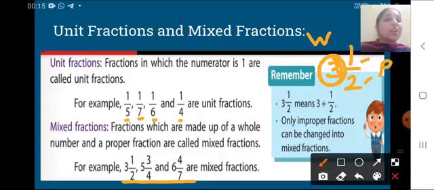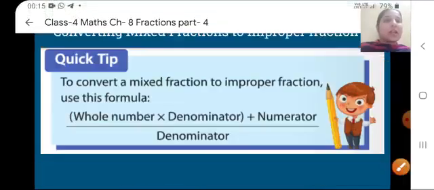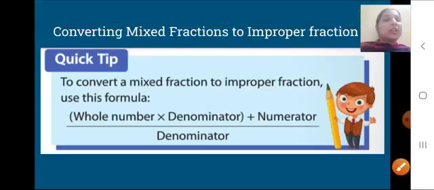Not like that. How will we read that? 6 whole 4 upon 7. So what is a mixed fraction? The mixed fraction is made up of a whole number and a proper fraction. Now we can convert a mixed fraction to an improper fraction.